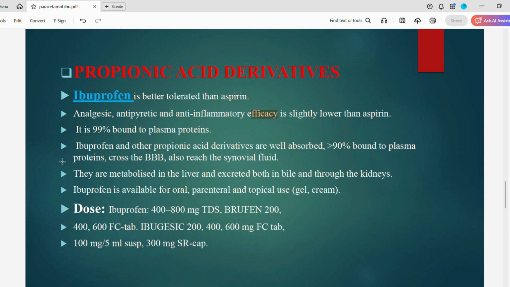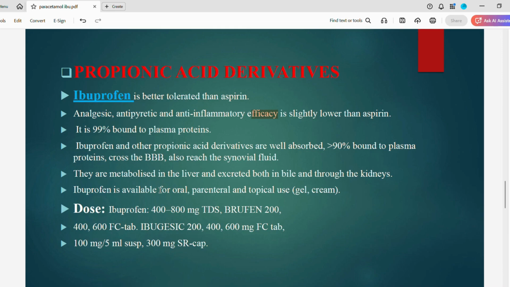This sentence you can include in pharmacokinetics, that is, ibuprofen and others are well absorbed, and more than 90% of it is bound to plasma proteins, and hence can cross the blood-brain barrier, and also reaches the synovial fluid.